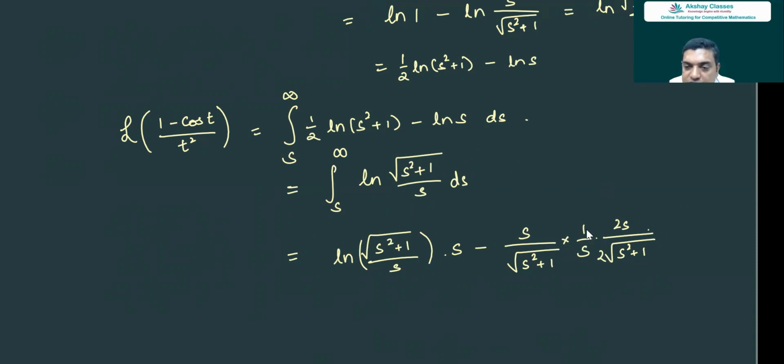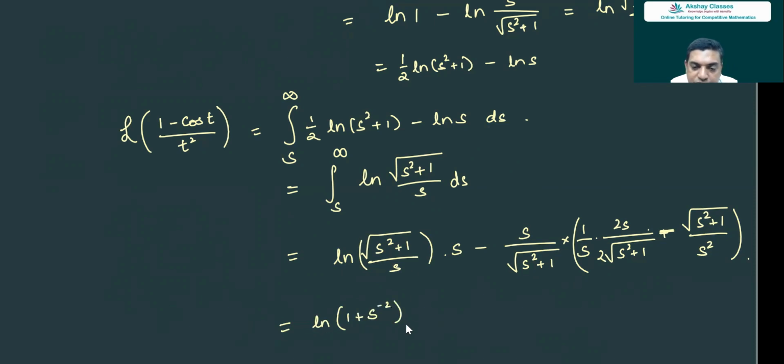First function times the integral of the second, minus, keeping this as it is, the derivative of this one. So you get log of, we can take this inside, 1 plus s to the power minus 2 times s, minus, now let us do a calculation.